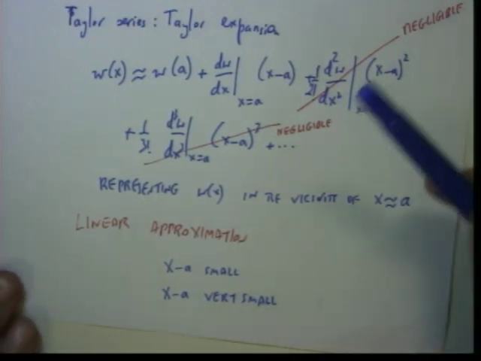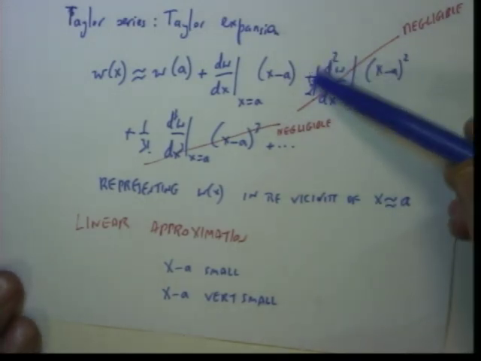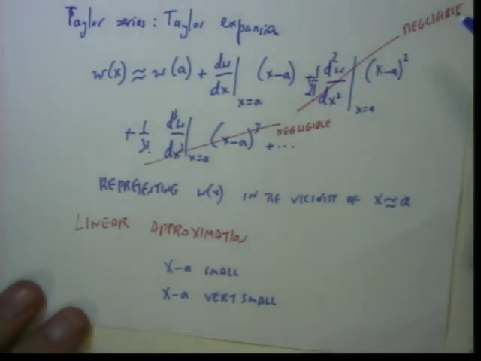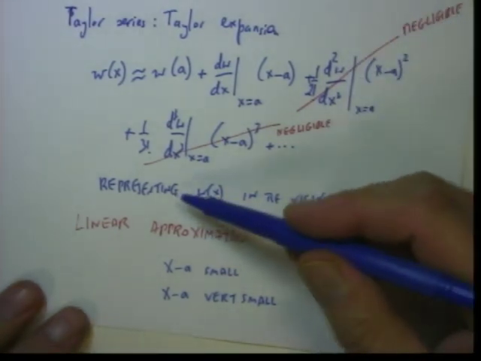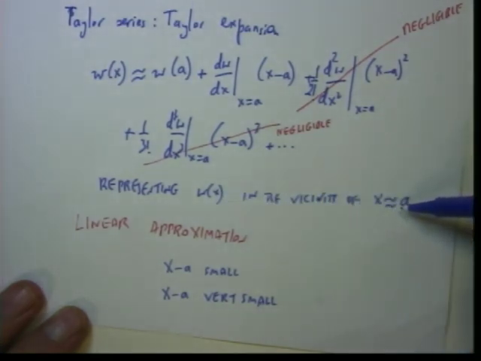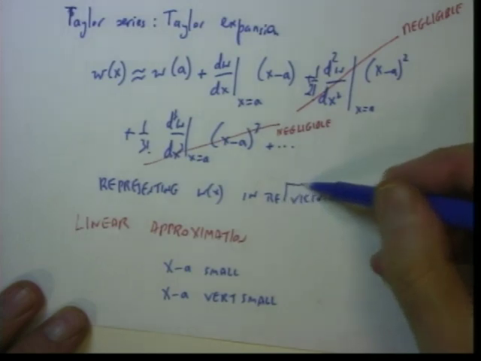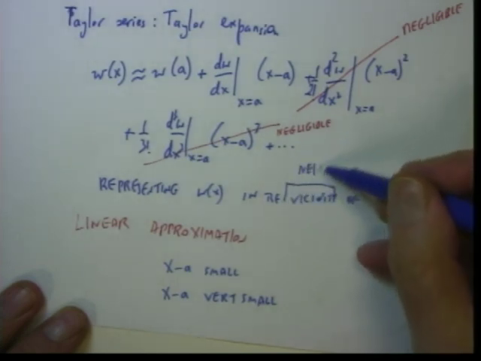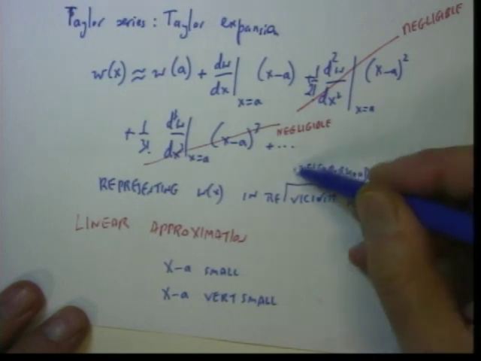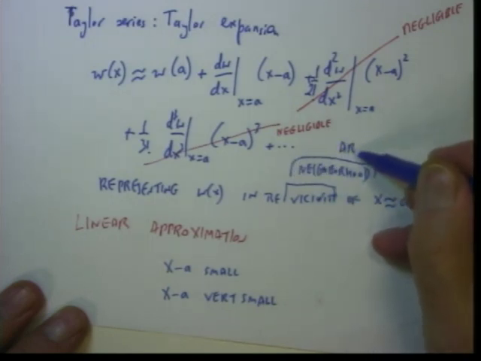Can you say again? Representing W of x in the vicinity of x approximately A. Vicinity, or in the neighborhood, or around.